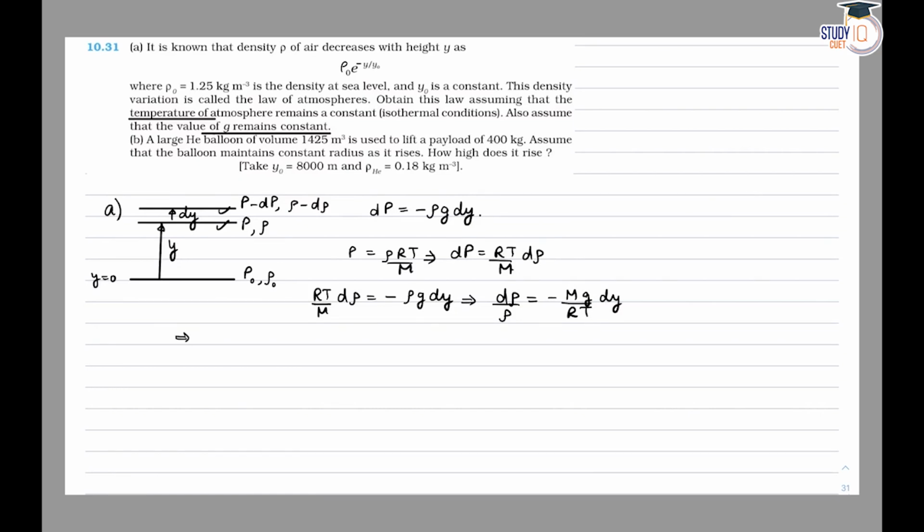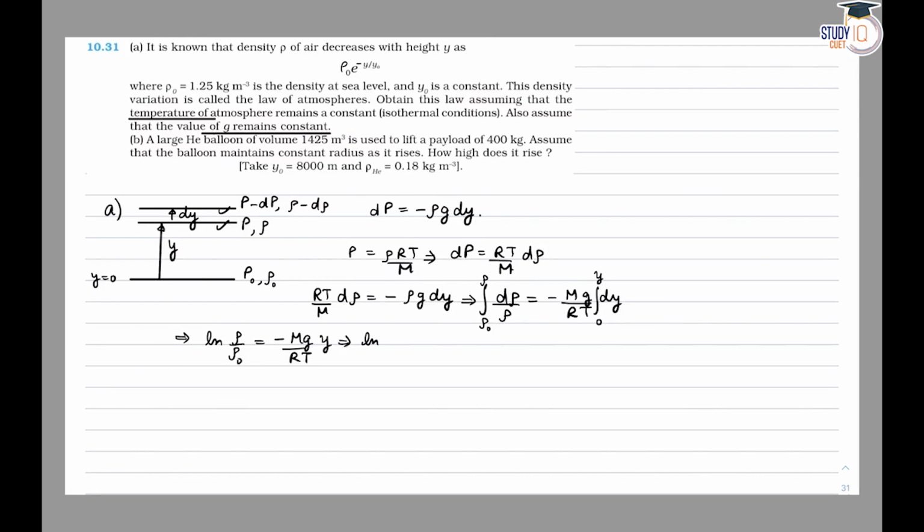And if we integrate this, at y equals 0 density is rho naught and at height y density is rho, this gives us ln of rho by rho naught is equal to minus of Mg by RT into y.